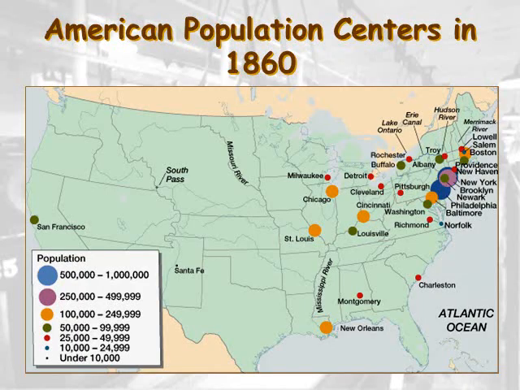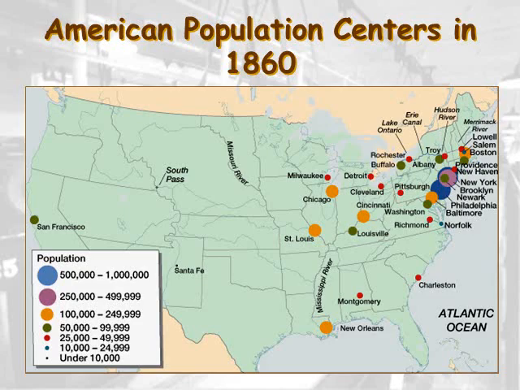New York is now super huge, and so is Brooklyn, and Philadelphia now has over 500,000 people, and all the cities that were sizable in 1820 are now extraordinarily large, and a bunch of other large cities have popped up.